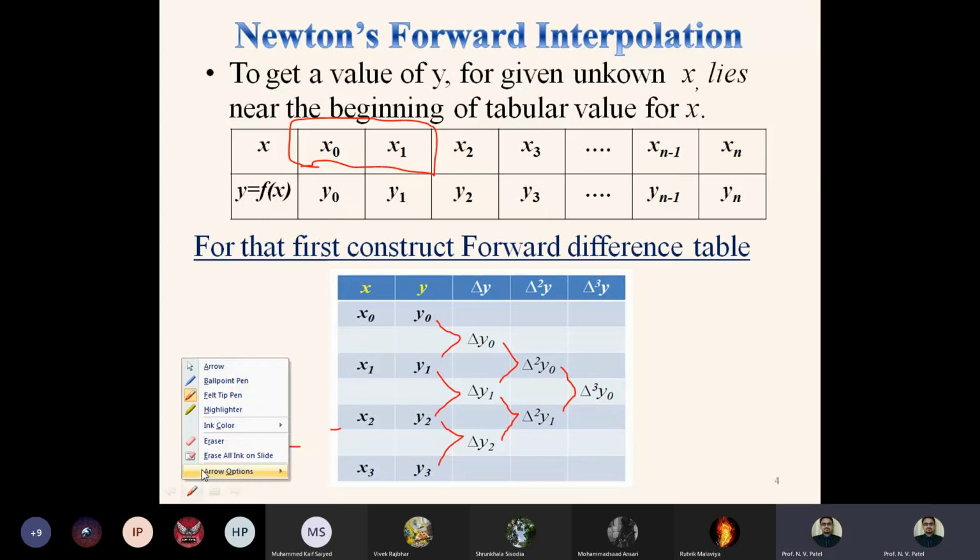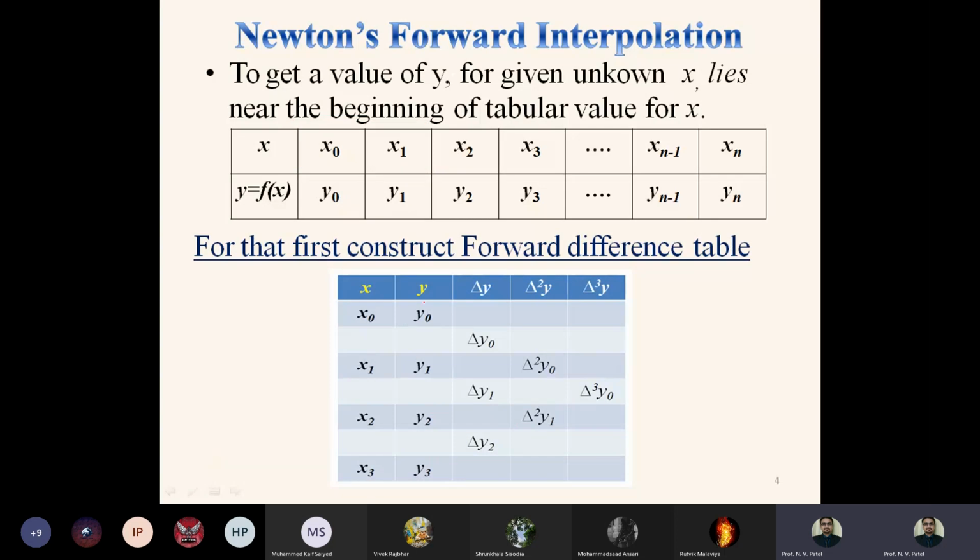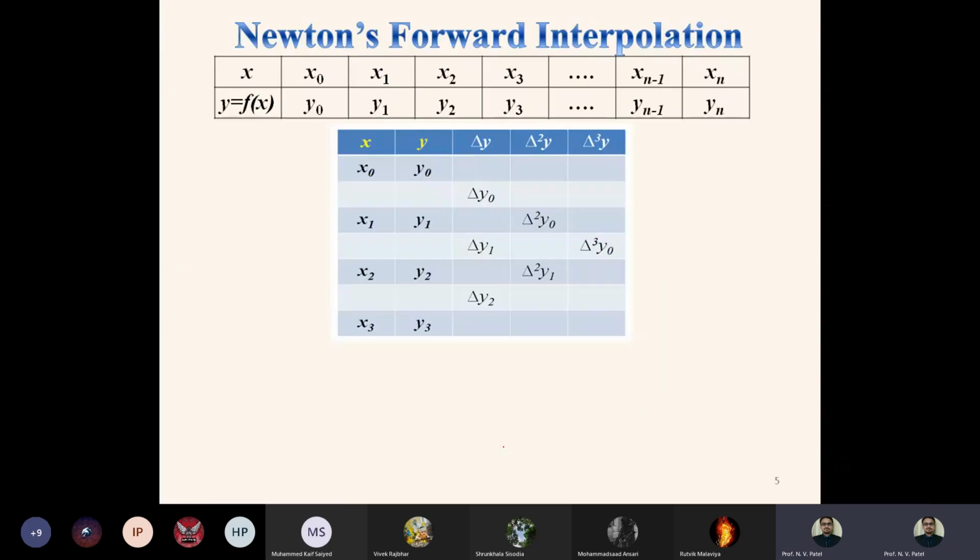So in this forward difference table, if our x lies at the starting of the table, then we apply Newton's forward interpolation. In this formula, we require the first value of all the columns, that is y0, delta y0, delta square y0, delta cube y0. So x and y values are given, construct this table, x lies at the starting of the table.